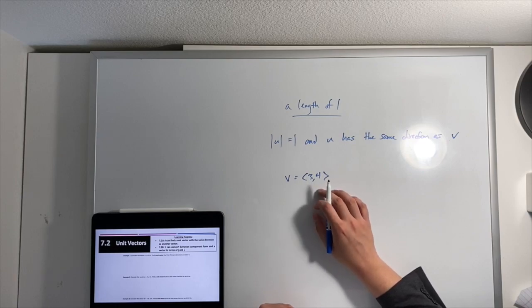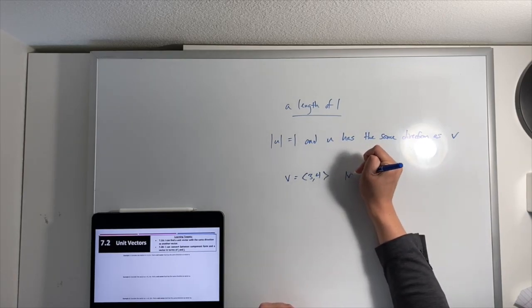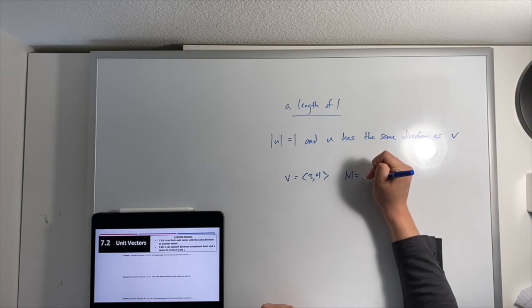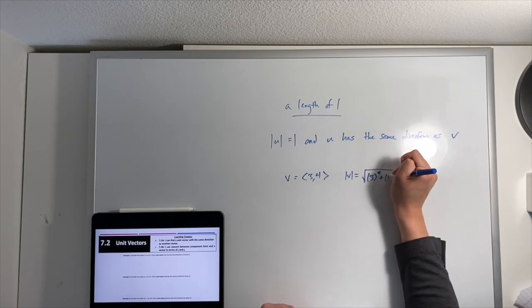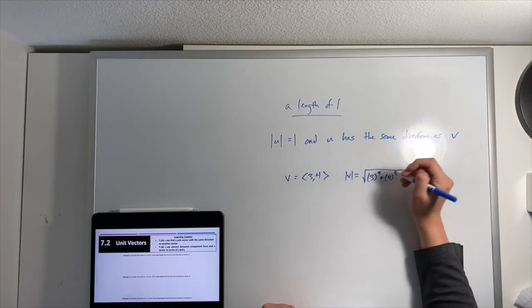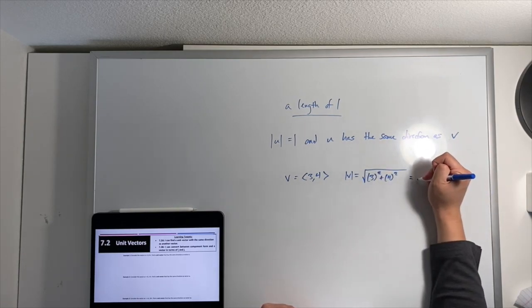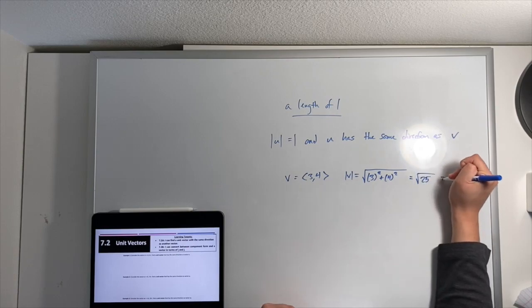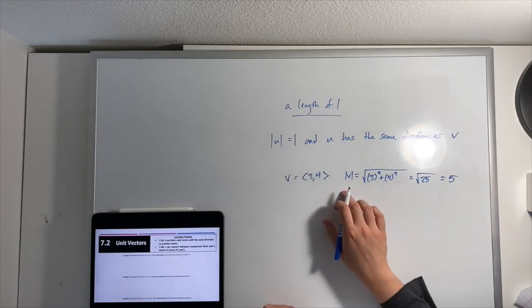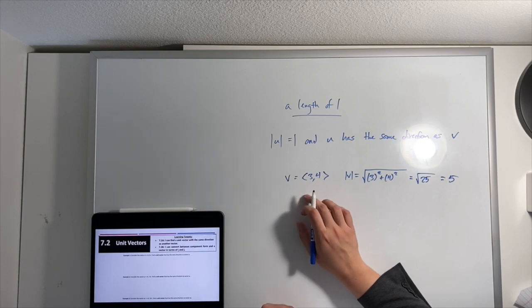What is the magnitude of this vector? The magnitude of vector v, if we recall from yesterday, from the Pythagorean theorem, is the square root of 3 squared plus 4 squared. Square root of 9 plus 16, that's the square root of 25, which is 5. So we know that the magnitude of this vector is 5.